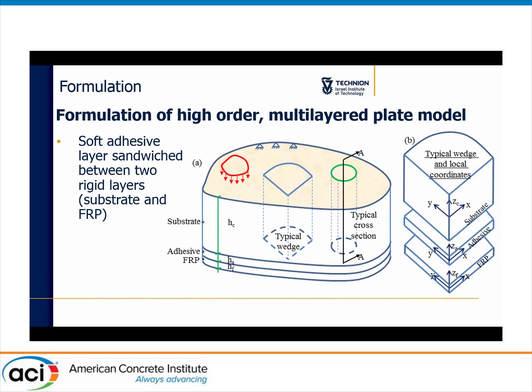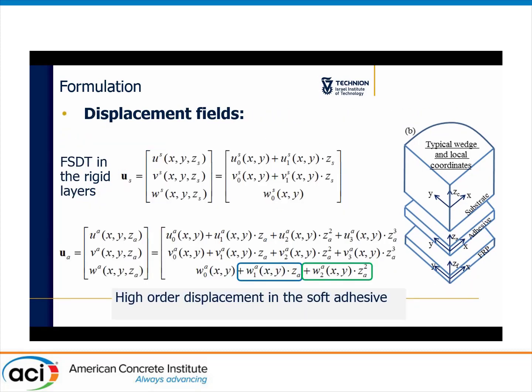Okay, so the formulation is based on three layers: the typical substrate layer, an adhesive layer, and an FRP layer, each one having its own coordinates. Now, the displacement field assumed for the three layers, for the two rigid layers, the concrete and the FRP, a standard first-order shear deformation is assumed.